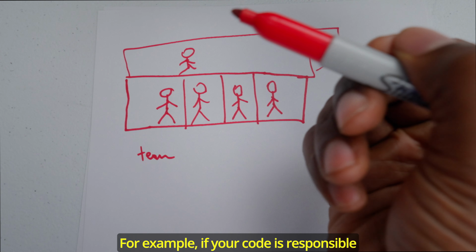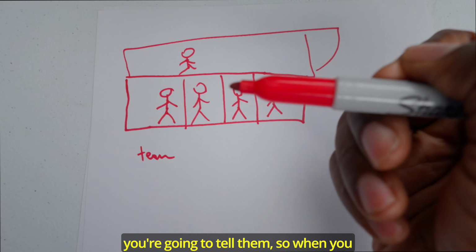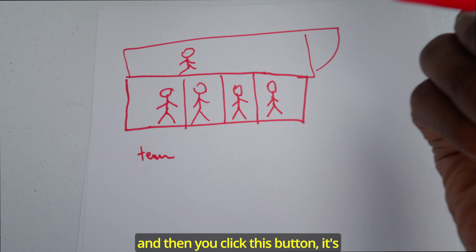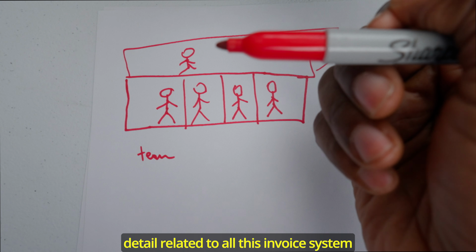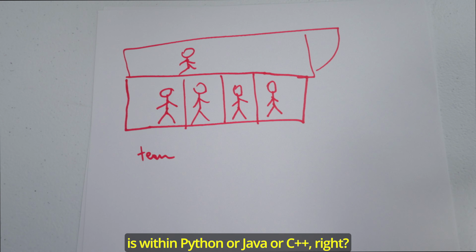For example, if your code is responsible for, I don't know, creating invoices, you're going to tell them, when you come to the application and you click this button, it's going to create an invoice. But you're not going to tell them any detail related to, oh, this invoice system is written in Python or Java or C++, right?